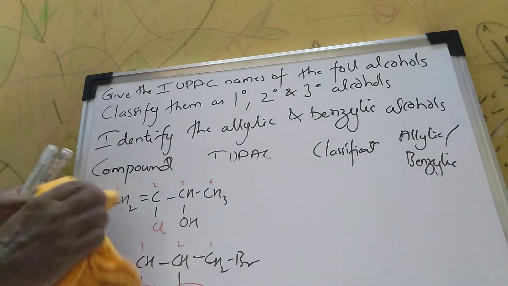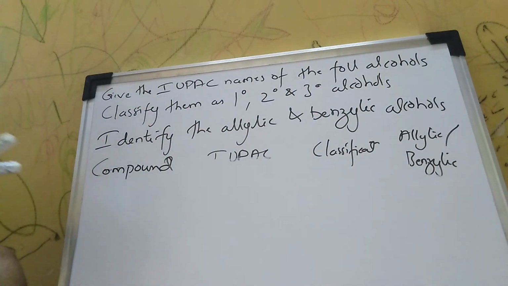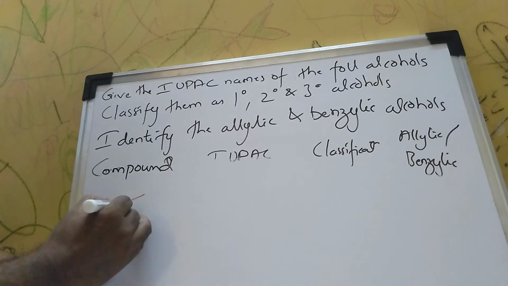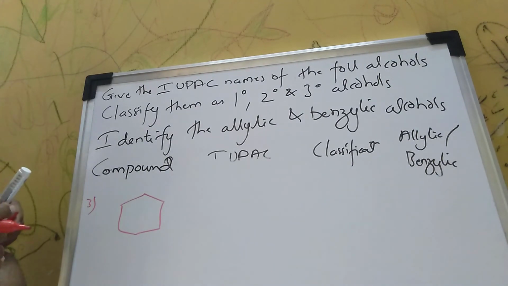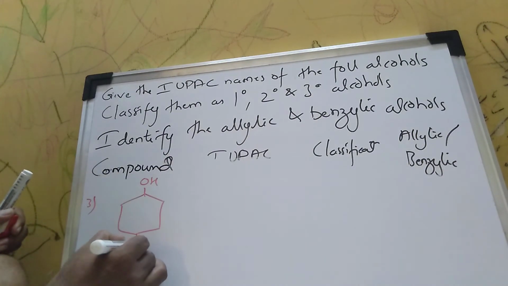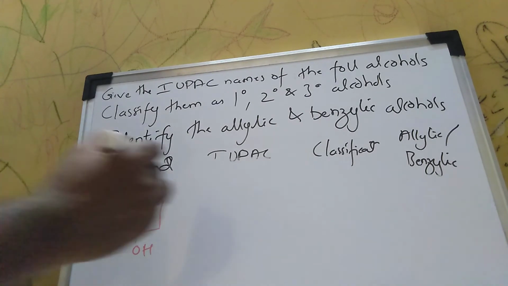Another example. A ring, it's a cyclohexane ring with two OH groups attached. Another example.